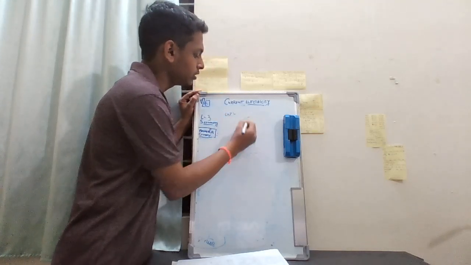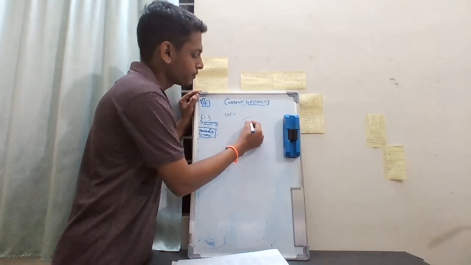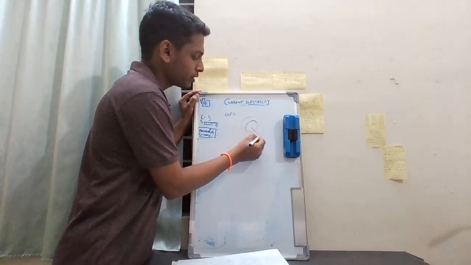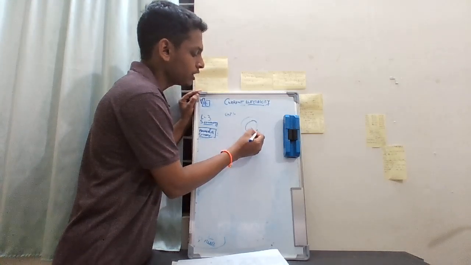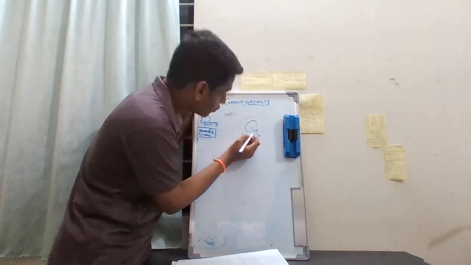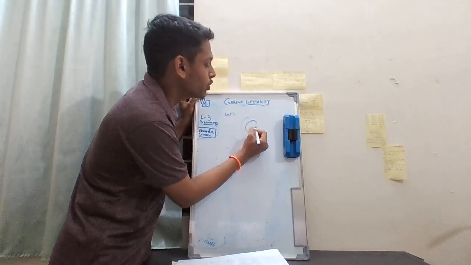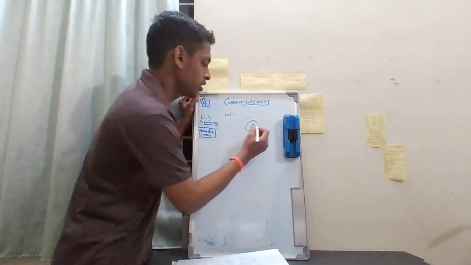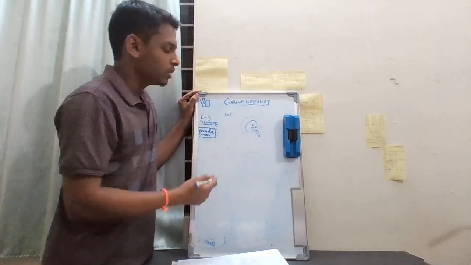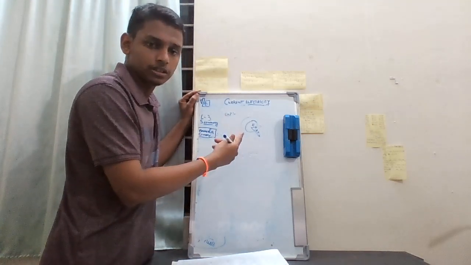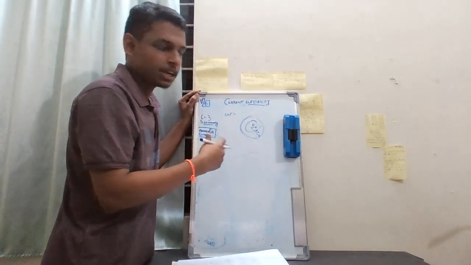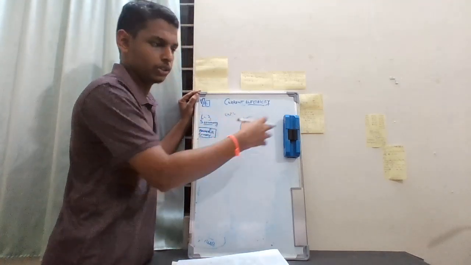In this we have a hollow sphere. Its outer radius is R2, and the hollow space radius is R1. The resistivity is rho. What is varying here is that the surface area increases as we go outwards.